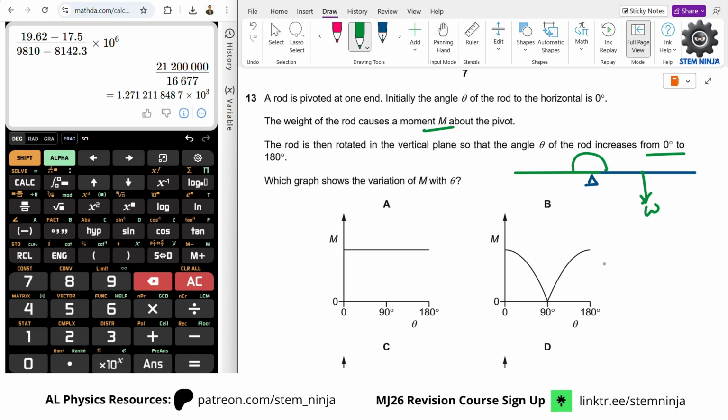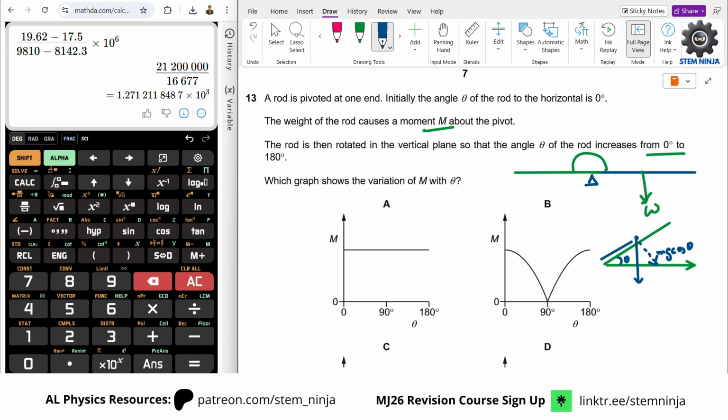So, as we go in this angle, the weight actually becomes this, but we need this angle, right? So this would become mg cos theta. This is our theta.